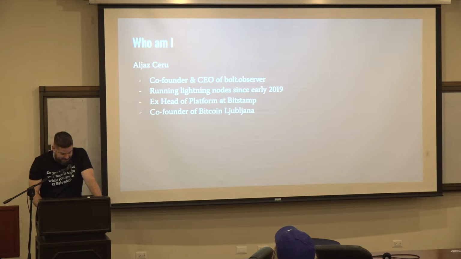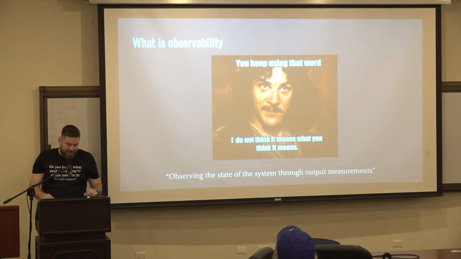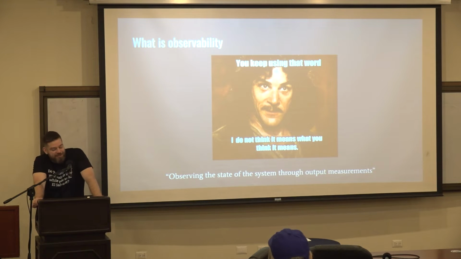But let's go to what you're actually here for. For anyone working in IT, you've heard of observability before. It's a pretty familiar word in this space, but it originally comes from control theory, even though it was adopted by IT and made famous there.